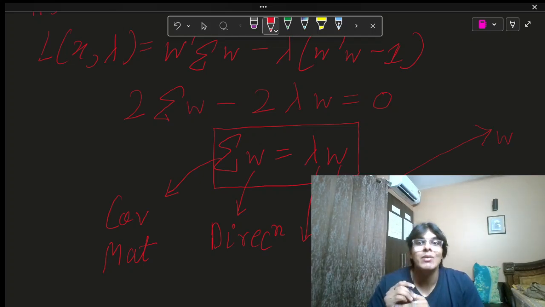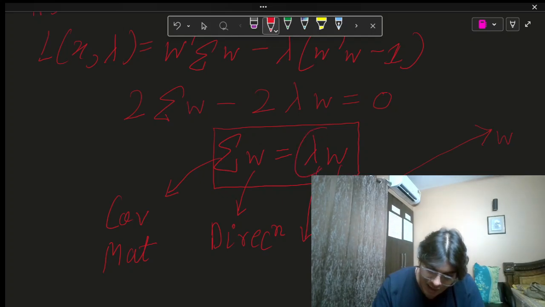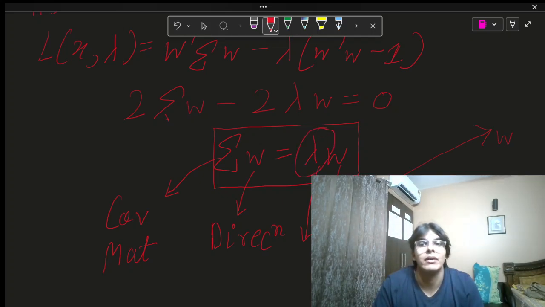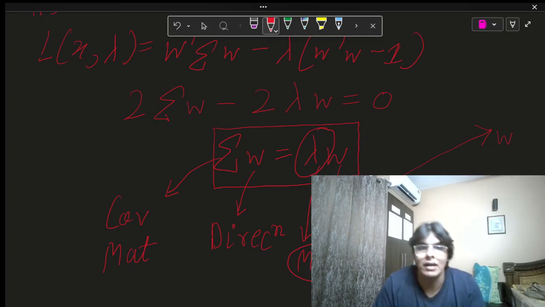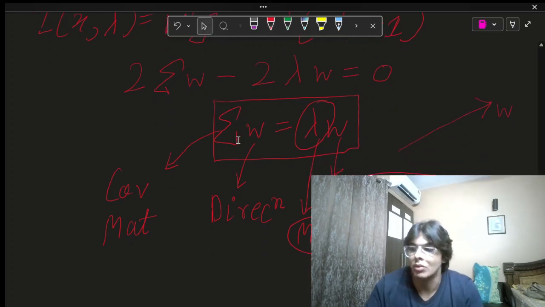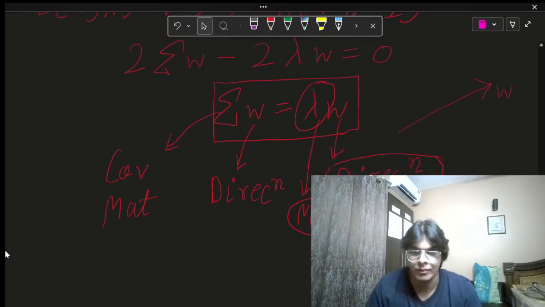Only that value has changed, and that value is nothing but this lambda that we have calculated. This is nothing but the magnitude of maximum variance. So we have the magnitude of maximum variance and we have got the direction represented by W. So we finally have our answer.